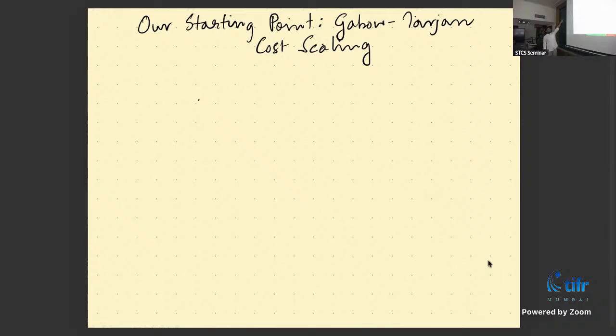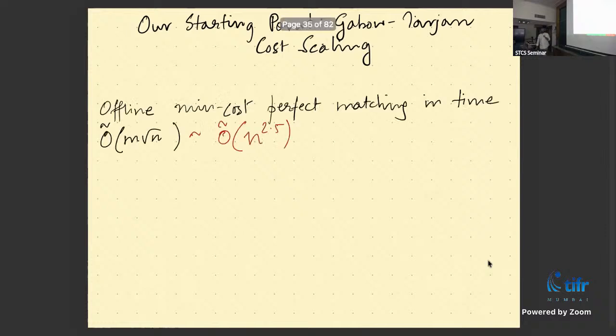The inspiration is this classical paper by Gabow and Tarjan, who gave an O tilde m square root n algorithm for finding min cost perfect matching. By the way, this tilde hides not only a log n factor, but also something like a log delta, where capital delta is the largest edge weight.